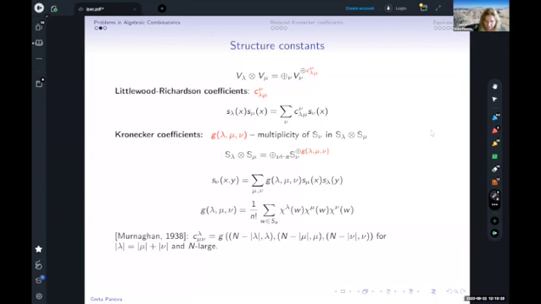And when the size of lambda is equal to the size of mu plus nu, this actually happens to be a Littlewood-Richardson coefficient. So they are special cases of the Kroneckers, and from then on, what other properties of Littlewood-Richardson would carry over to the Kroneckers, which are, as we see, more general.